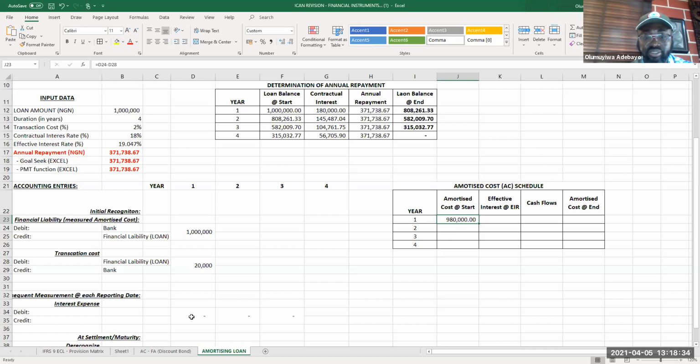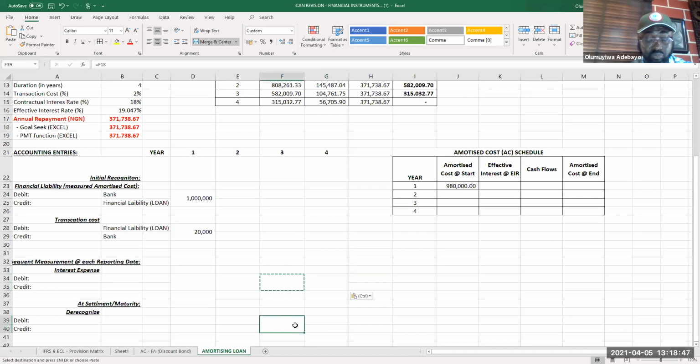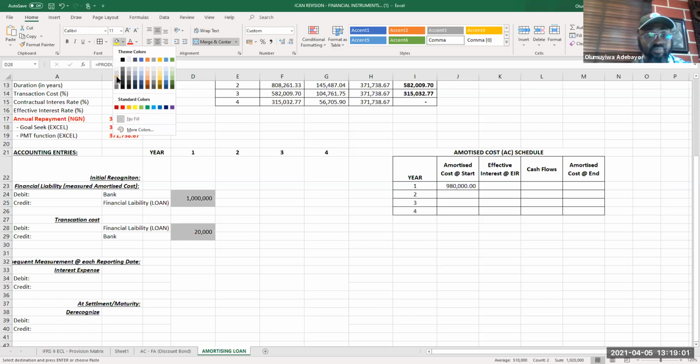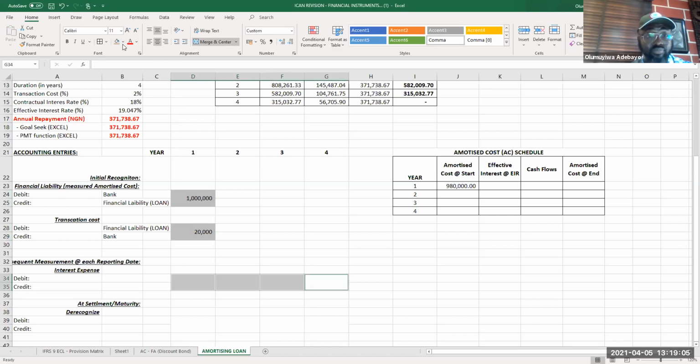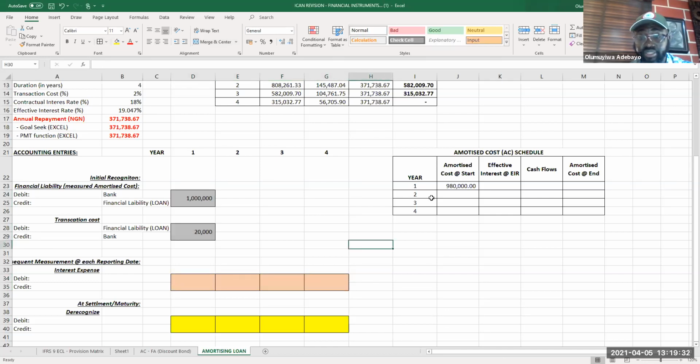Now, what do we do subsequently? Subsequently, you measure this at the effective interest rate, which you have gotten here.